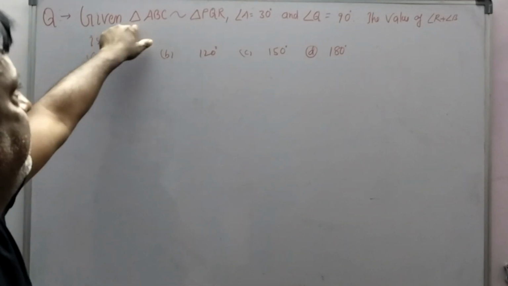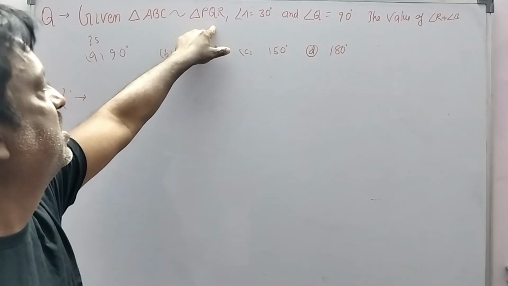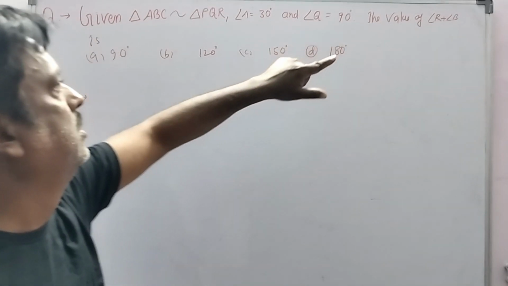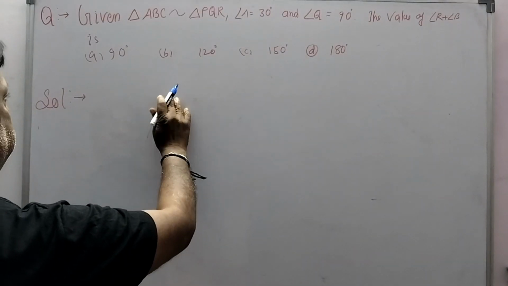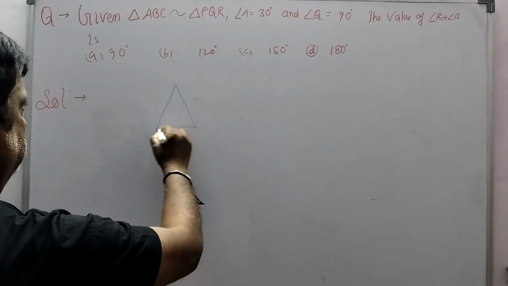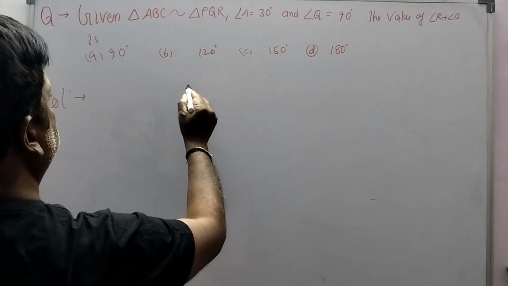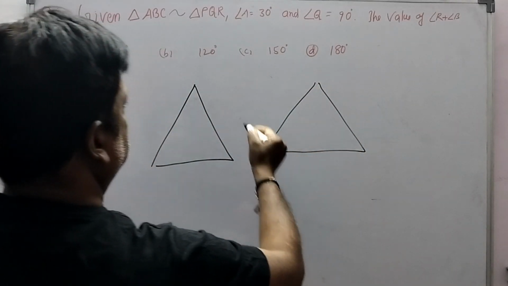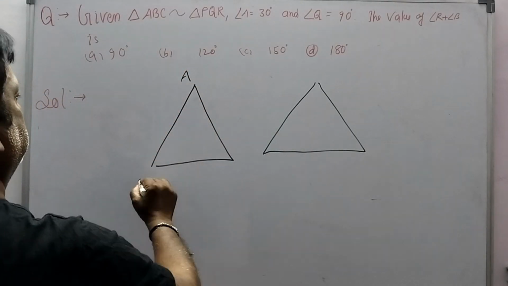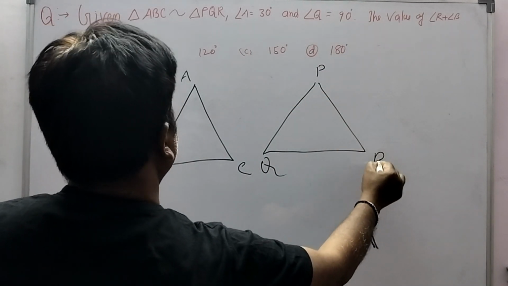Next question: given triangle ABC similar to triangle PQR, angle A is 30 degree and angle Q is 90 degree. Find the value of angle R plus angle B. Suppose these are similar triangles ABC and PQR.